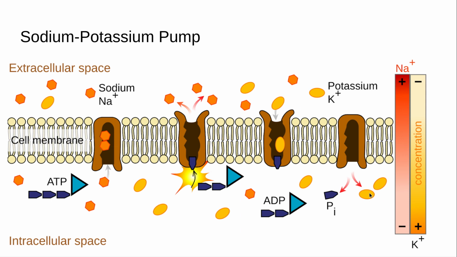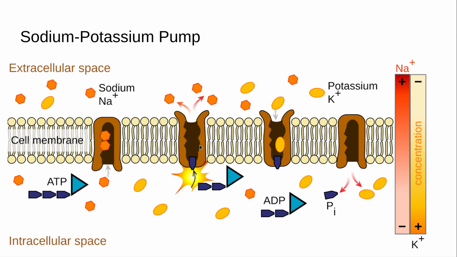So this is a little bit more descriptive look at the sodium potassium pump. ATP becomes ADP, and the breakdown of that last phosphate group releases energy, and the phosphate comes and binds to the sodium potassium pump, causing the binding of the third sodium ion.